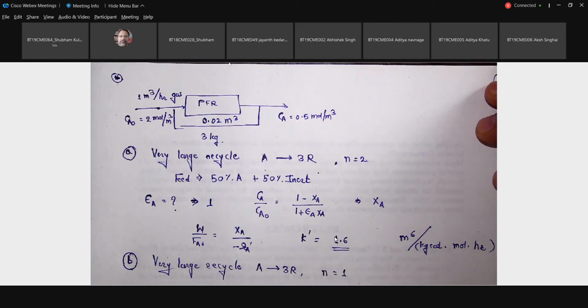I don't have the solution. You can just confirm it. Similarly, if you go for the first order reaction, in a similar way you have to do the calculation and we'll have a certain value, and that will be again meter cube per kg catalyst. Is it?